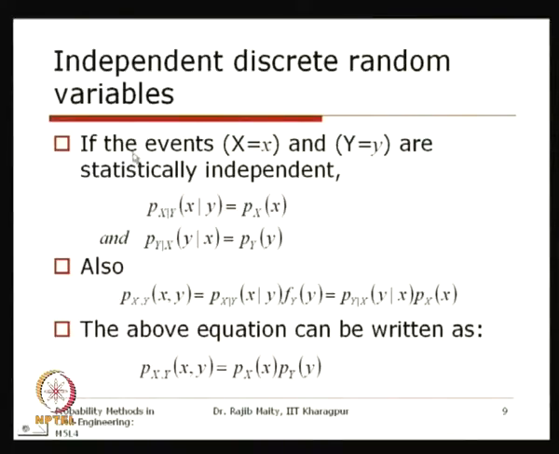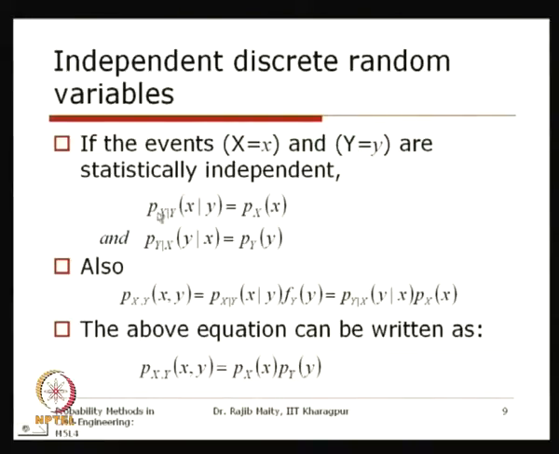Suppose this is the discrete case, and there are two events: X equals a specific outcome x, and Y equals y. If these two are statistically independent, then obviously the probability of x given y should equal the probability of x, that is, the marginal of X, because the outcome of one has no influence on the outcome of the other.